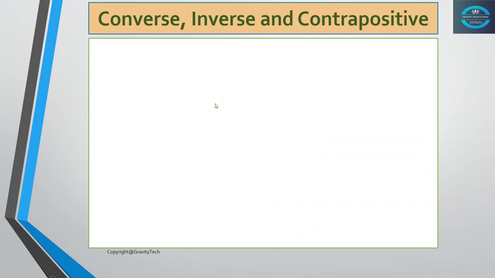Let's look at the next topic. What are converse, inverse, and contrapositive? These are only found for an implication statement. When there is an if-then implication statement, only then do we find the converse, inverse, and contrapositive statements. So for the implication P implies Q, we can obtain three implications: the converse, the inverse, and the contrapositive.